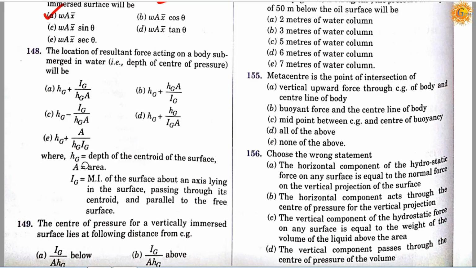Here Hg is the depth of the centroid of the surface, capital A is the area, and Ig means moment of inertia of the surface about an axis lying in the surface, passing through its centroid and parallel to the free surface. So the correct answer will be A, it means Hg plus Ig upon Hga.